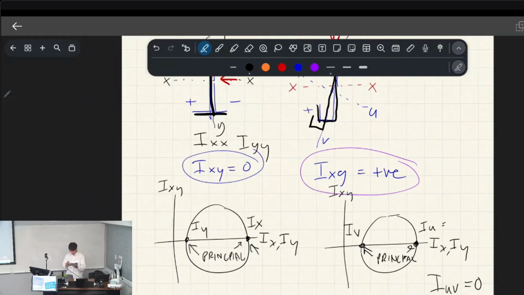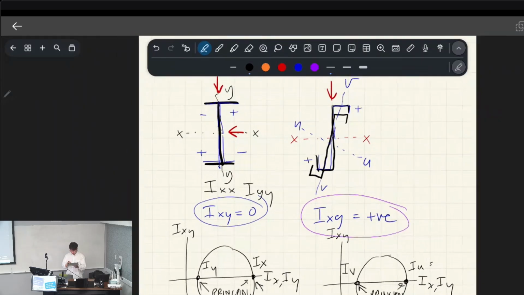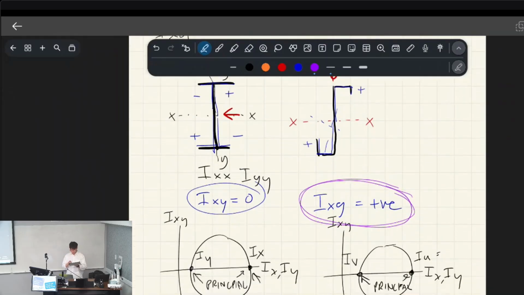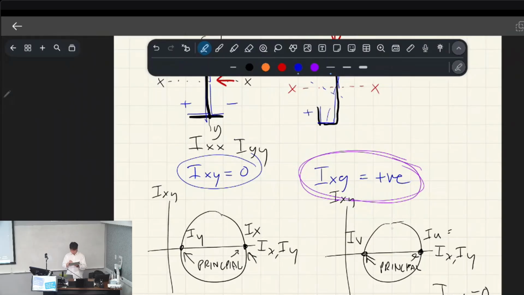Do you remember how before I did all that rotation stuff for this one? I'll just get rid of that for a second. We established that our product of inertia, Ixy, was positive. So on this axis, it's positive.